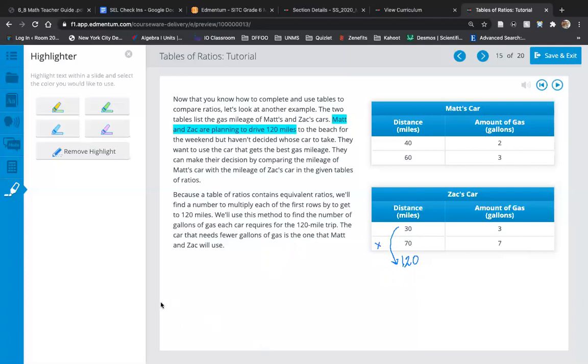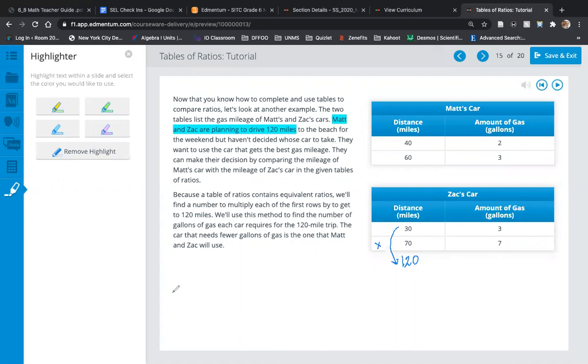Anybody tell me what that number would be? 30 multiplied by what gives you 120? If you're not sure, a really easy way to figure that out is to do the opposite. So 120 divided by 30 ends up giving us 4.